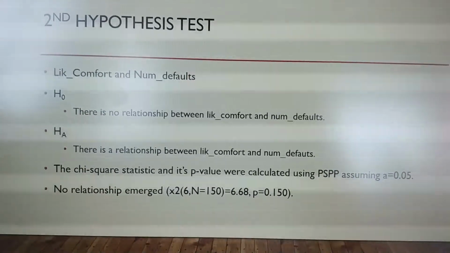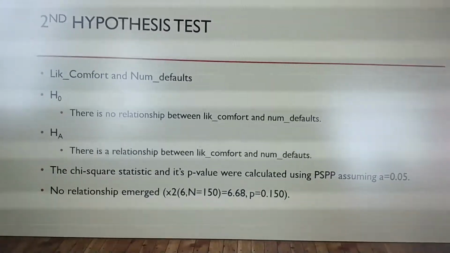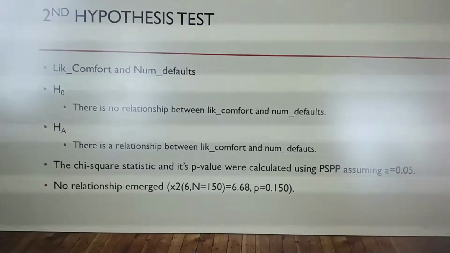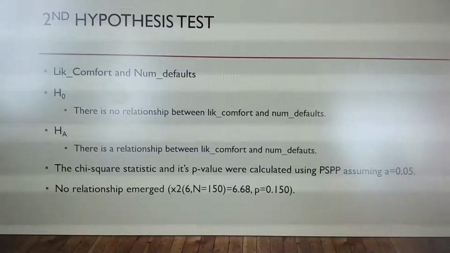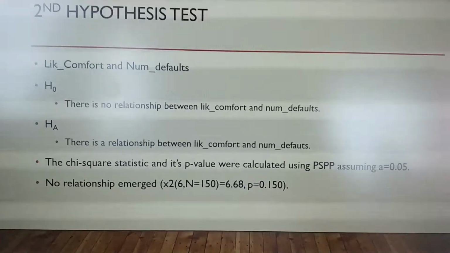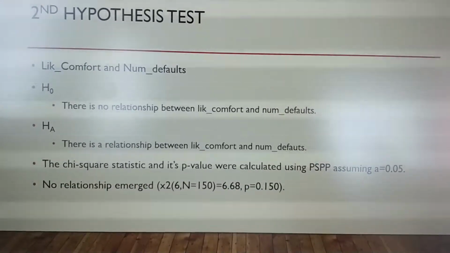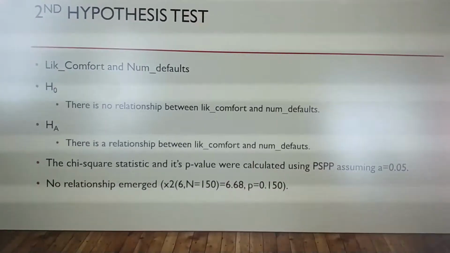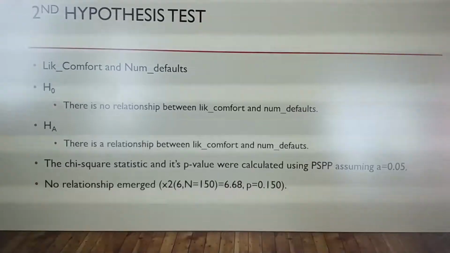The second test is basically the same as the first test with the H0 and HA. H0: there's no relationship between the two. HA: there is a relationship between the two. And it's the same with the chi-square statistic and the p-value, where the calculation is done using PSPP, assuming alpha equals 0.05.